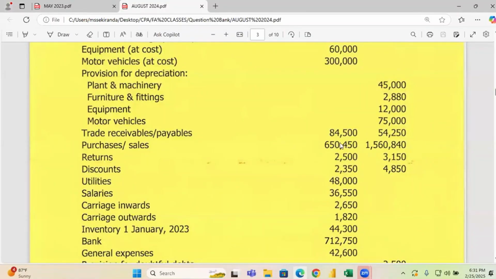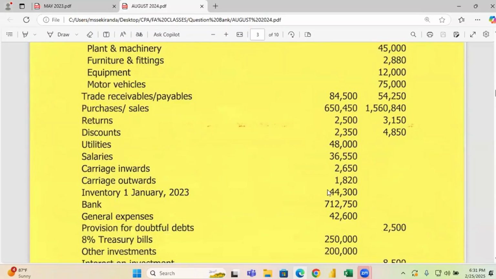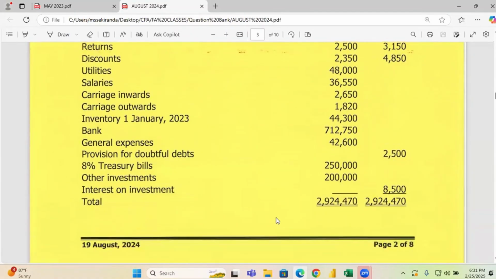In this case, we have already used purchases and sales. We have considered returns, both of them. We have considered opening stock. Whichever figure you use, put a tick to avoid overlooking figures, because for those that you have put a tick, you will not look there again.